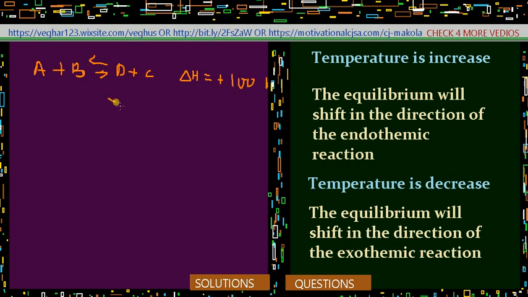So that means the forward reaction is endothermic. So let's say they say there's an increase in temperature. An increase in temperature favors endothermic, so that means the forward reaction will be favored.